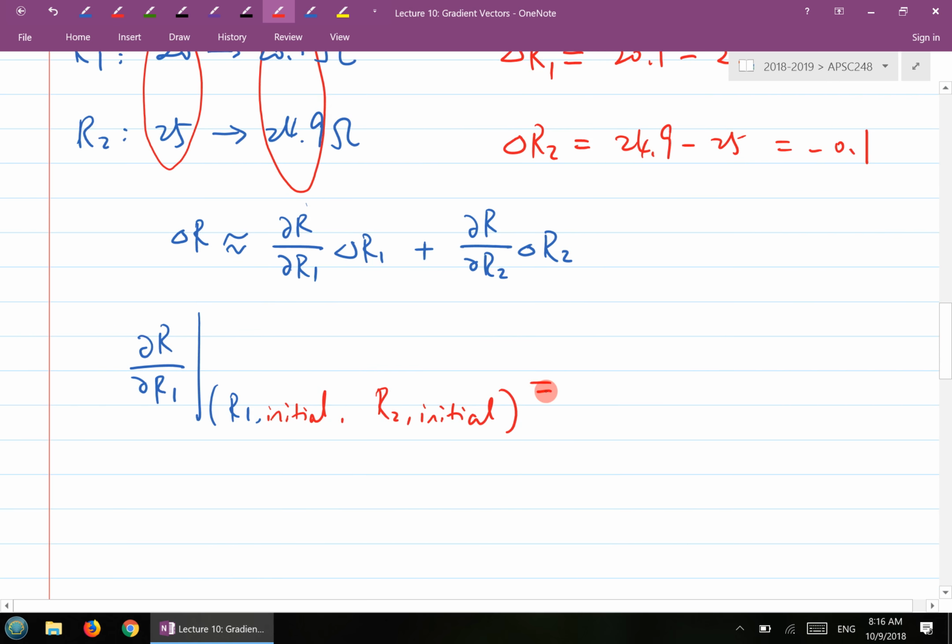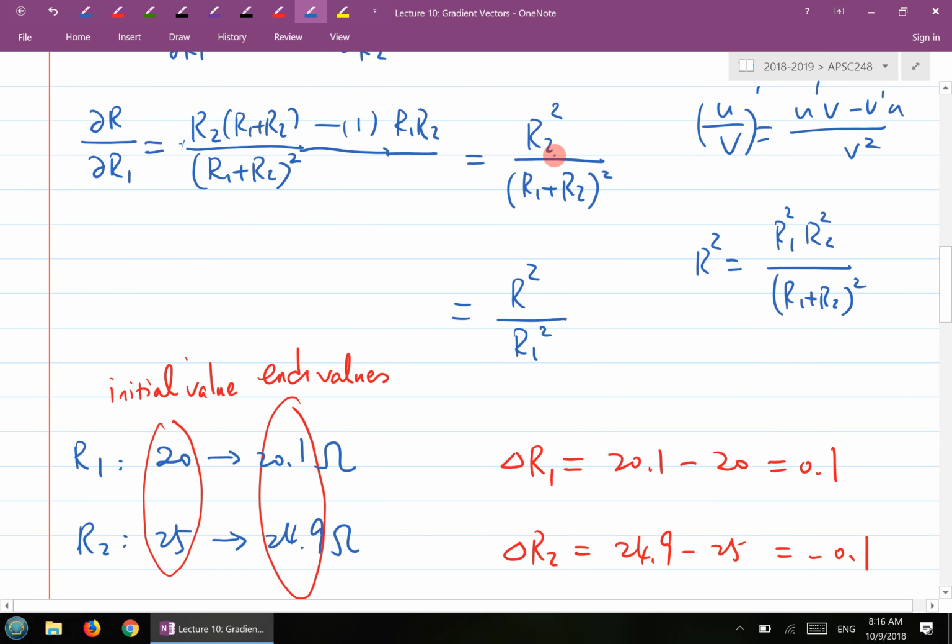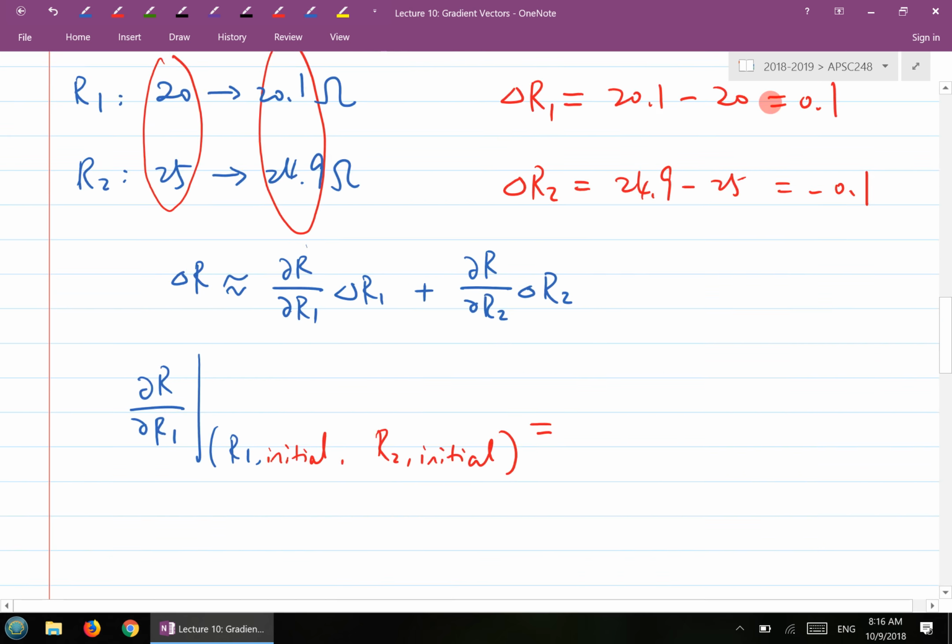If I look at my original function, R2 squared over R1 plus R2 squared. The initial R1 is 20, so plugging in 25 for R2, and 20 and 25 for R1 plus R2. Those are initial values.